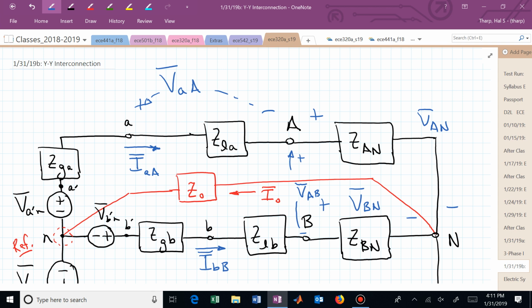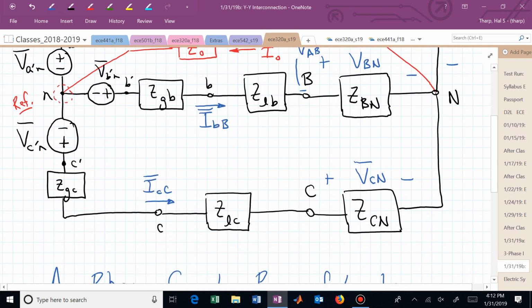And I could ask you to compute the voltage dropped across the transmission line impedance, and that would be this capital V sub little a capital A. So you just have to worry about terminology or make sure it's clear.